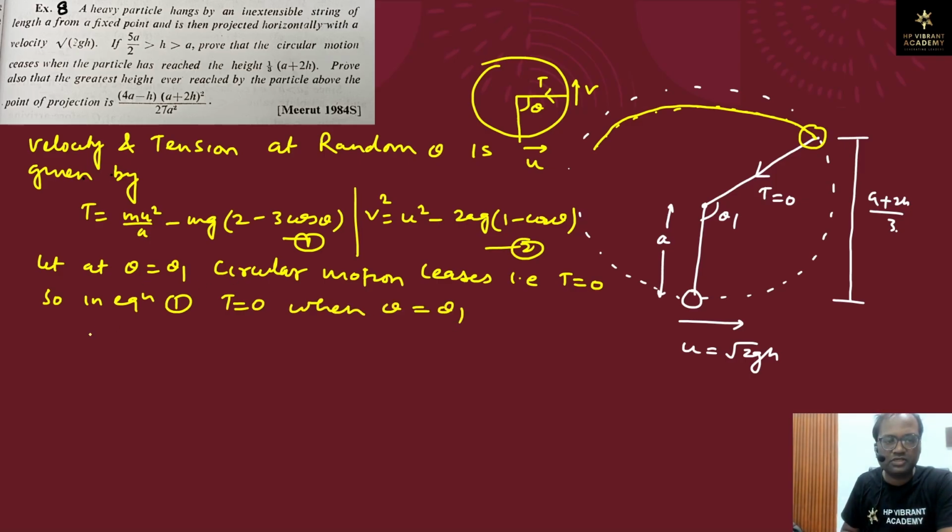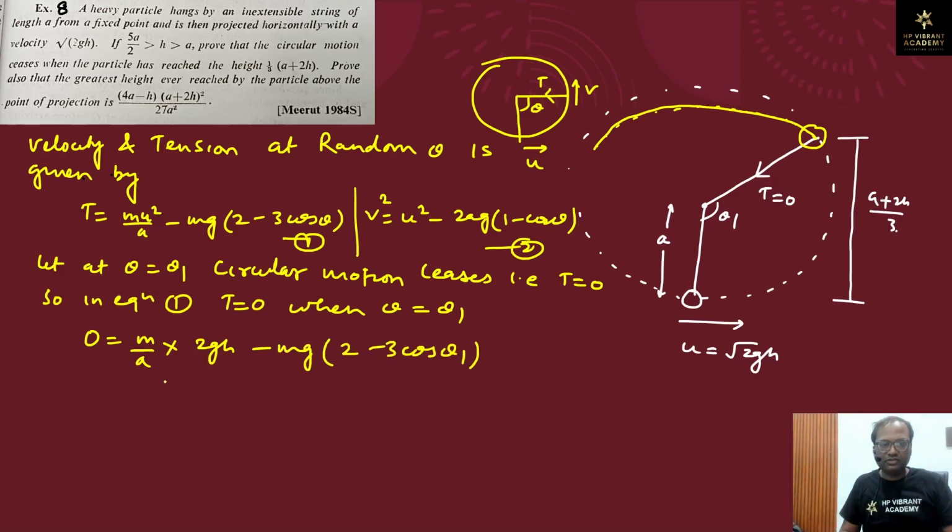So equation 1 becomes 0 is equal to m upon a into the value of u square, which is 2gh, minus mg into 2 minus 3 cos theta 1. So this is 2mgh upon a is equal to mg into 2 minus 3 cos theta 1.